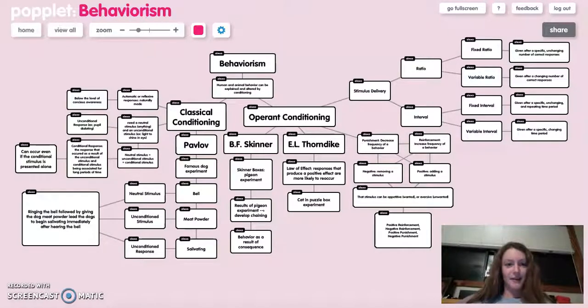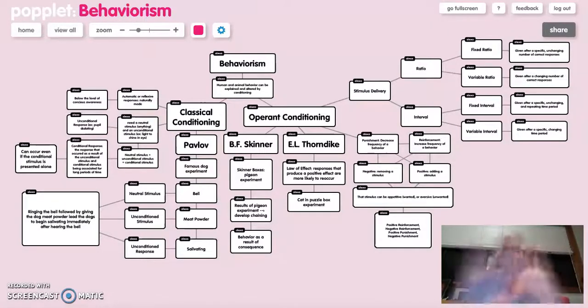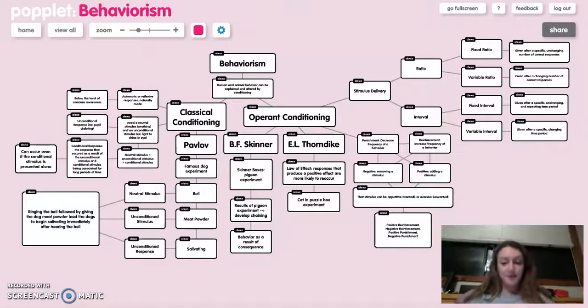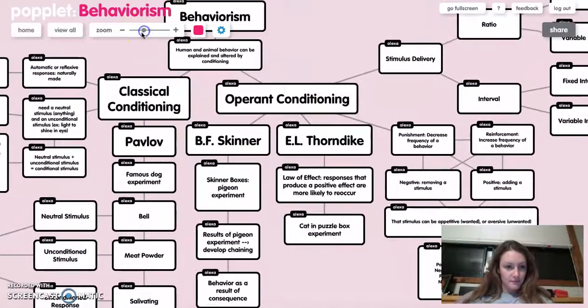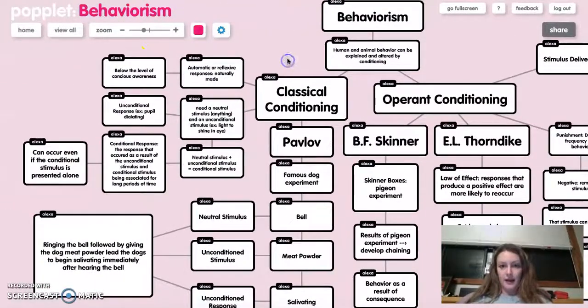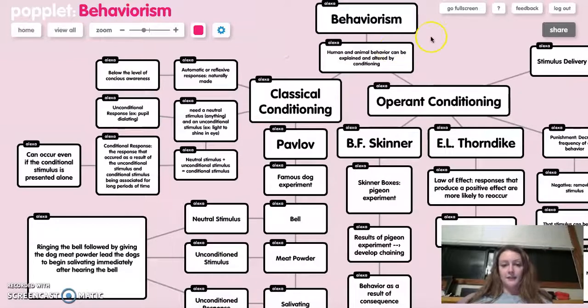This is my wonderful behaviorism poplet that I made. So, we will just start on the left and work left to right. I need to zoom in just a little. Okay, if we start over here on the left, we have behaviorism.